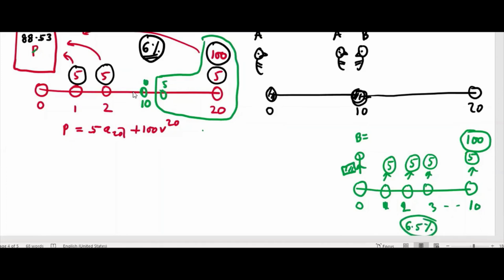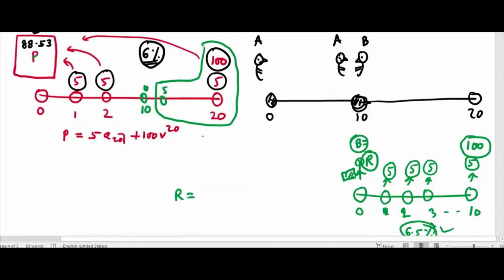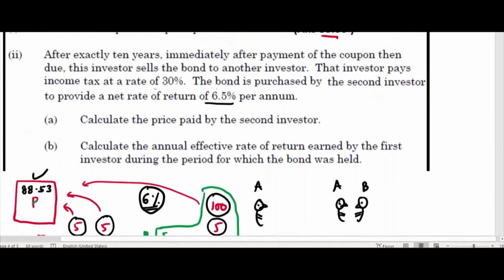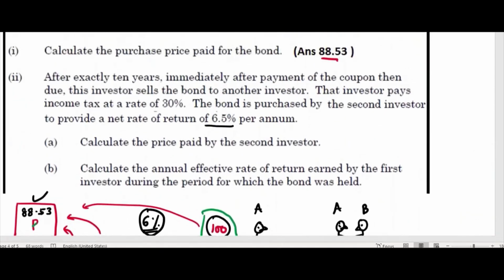Suppose the price at which B is ready to purchase is R, or P1, whatever you want to write. B thinks that 6.5% is what he should get from this kind of purchase from A. You see here, net return 6.5%, but he is paying income tax of 30%.